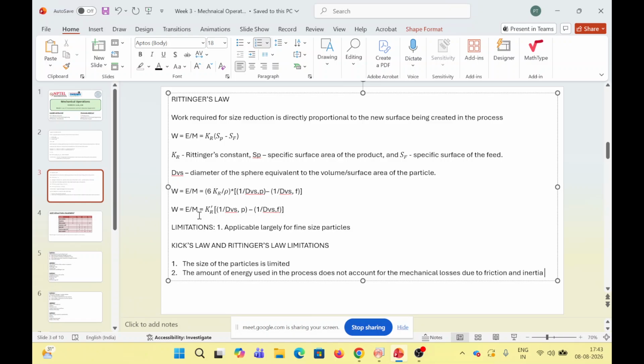So that particular amount of energy also needs to be accounted for, because the major reason why we have to account for that energy is so that we can know how energy efficient the process is. If the process is not energy efficient, then it is not going to be profitable in a practical setup. The amount of energy that is used in the process relates to the amount of money that you invest into the system.